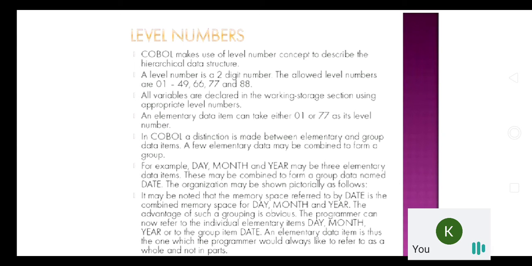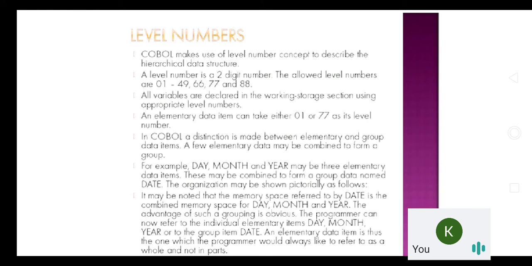If it's going to be a group data item, there you have to use the level numbers appropriately with some rules. Suppose we use only elementary data items, you could use level numbers from 1 to 49 or 77. You could use any level number, because that's an elementary data item, without any hierarchical order.